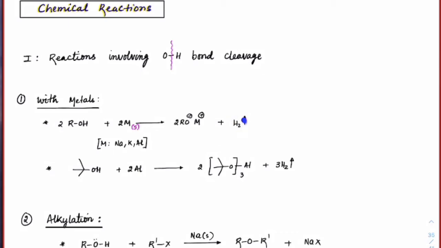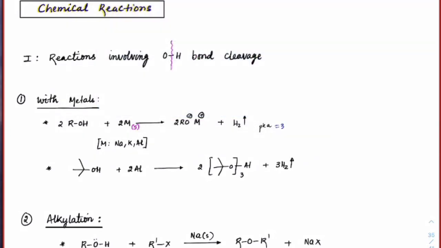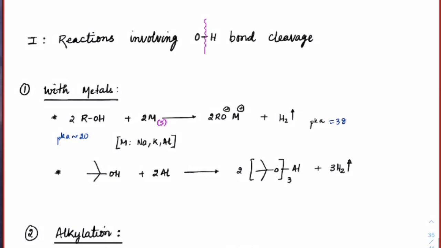The pK value of H2 is around 38, and this is in the range of 20 for alcohols. So definitely the reaction will progress in the forward direction. The metals which are preferably used are sodium, potassium and aluminum. They are highly electropositive metals, so they give a better reaction here.